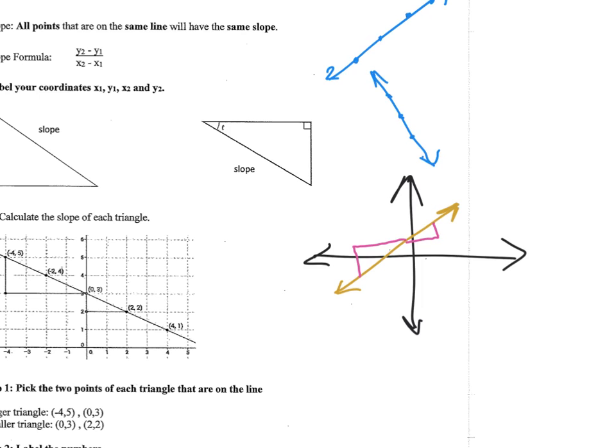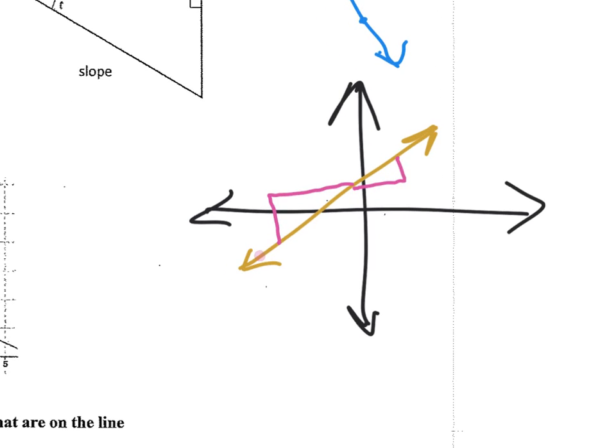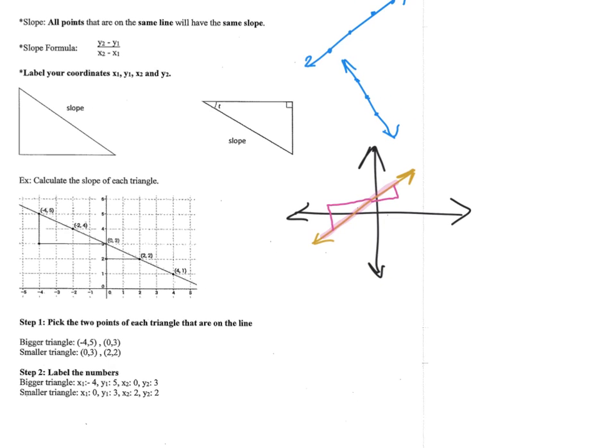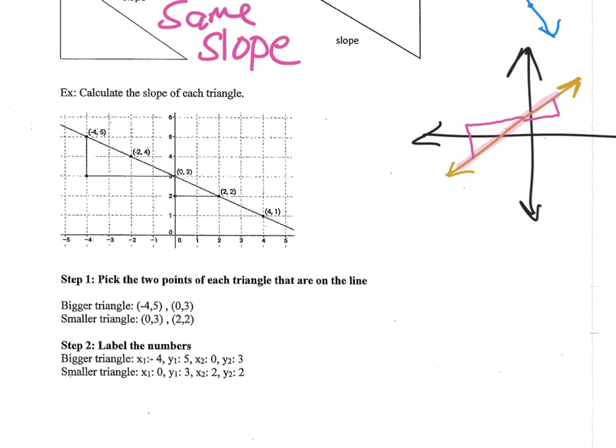So they'll put those two triangles on the same line. What you guys need to take away from it is if they share a side and they lie on the same slope line, then those two triangles are going to have the same slope. Okay? Same slope.